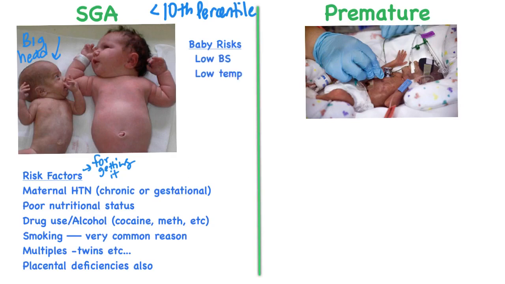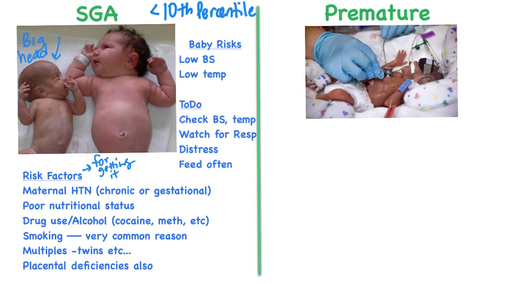So those are going to be our nursing interventions: to check blood sugars and to prevent heat loss in this baby. We want to teach mom how to keep the baby warm. We want frequent feeding, so encourage feedings, and then the physician will decide whether or not the baby needs higher calorie level formulas.